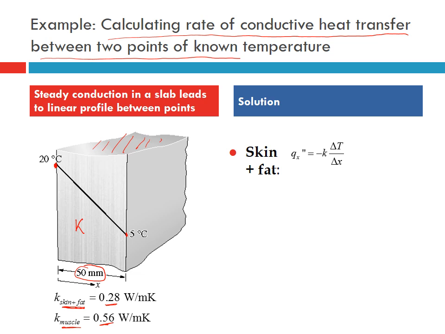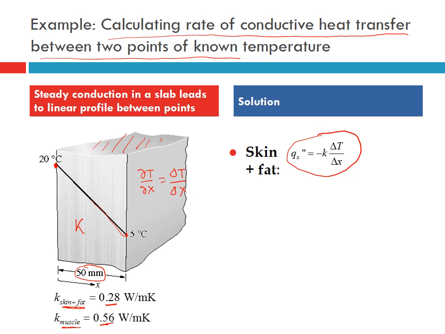So for skin plus fat, we use Fourier's law, which is minus k dT/dx. Now this time, as we will show later, under some specific situation, like a steady state in a slab, the temperature profile is linear. If the temperature profile is linear, then there's only one slope. So dT/dx is basically the change in temperature between these two points divided by the change in distance.